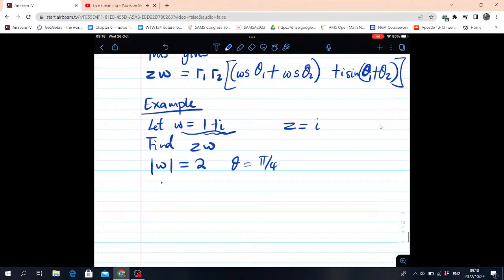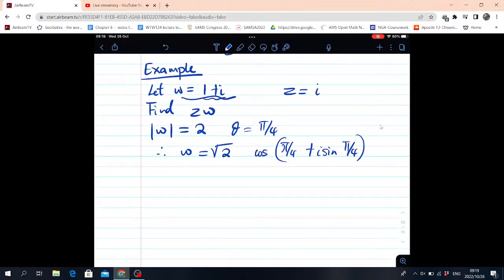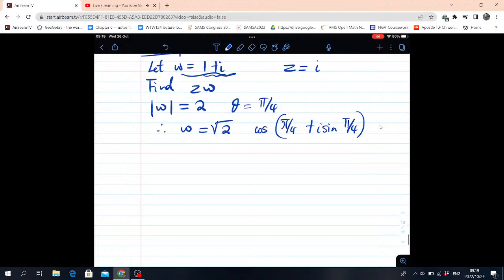And so therefore what it means is W can be written as the square root of 2 times (cos pi over 4 plus i sine pi over 4), right? And if we are to write i in polar form, the modulus of i is going to be equal to 1.